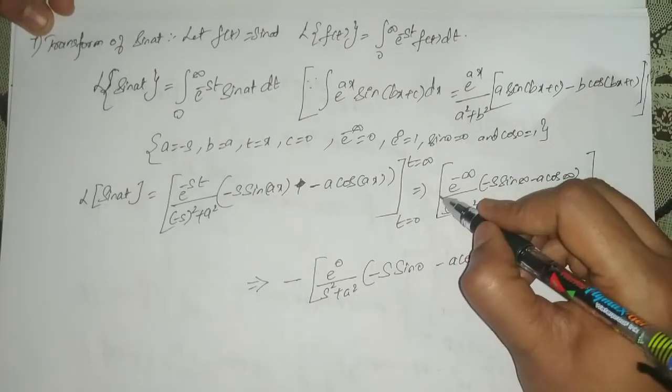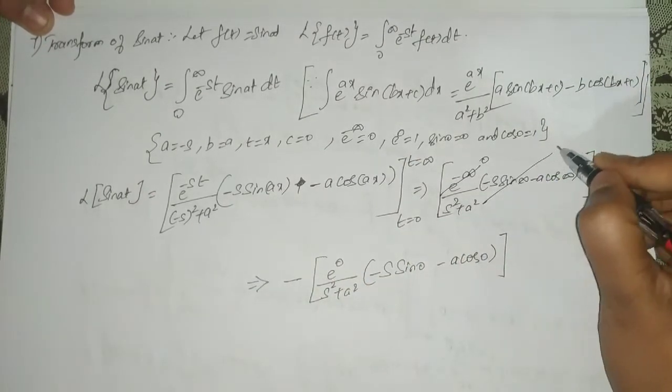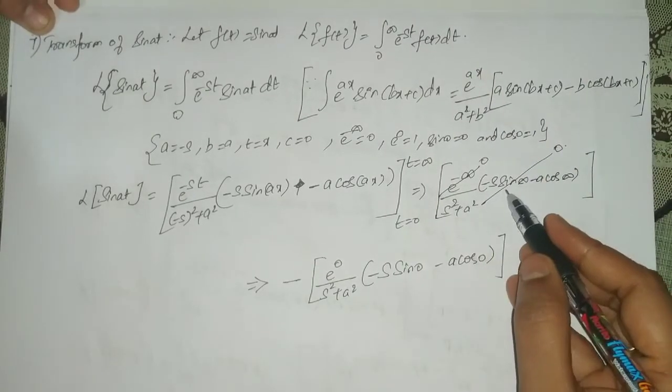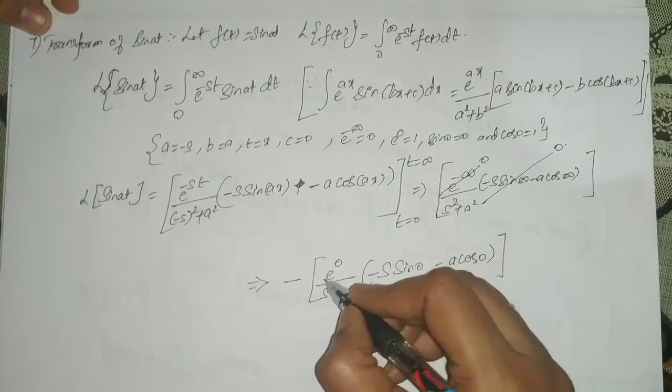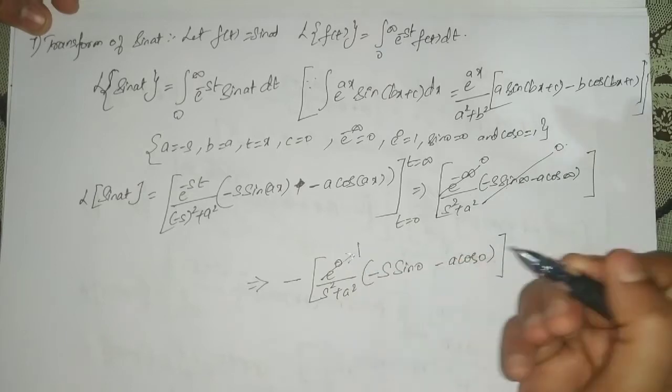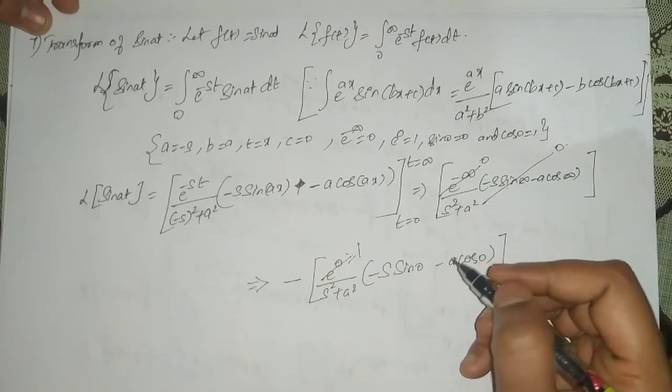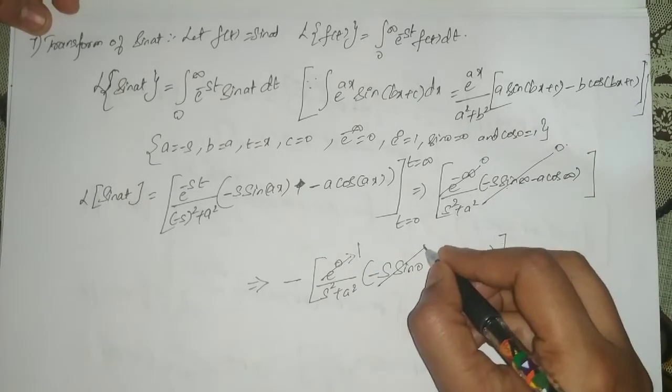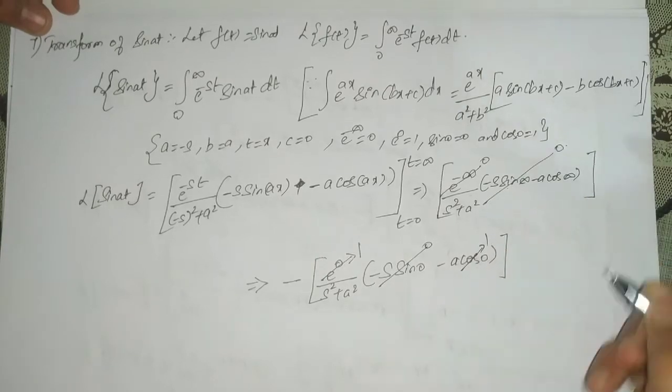As we know, e power minus infinity is 0, product of term with 0 becomes 0, e to the power 0 is 1, sine 0 is 0, cos 0 becomes 1.